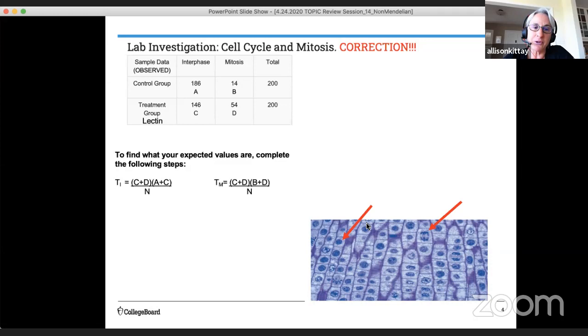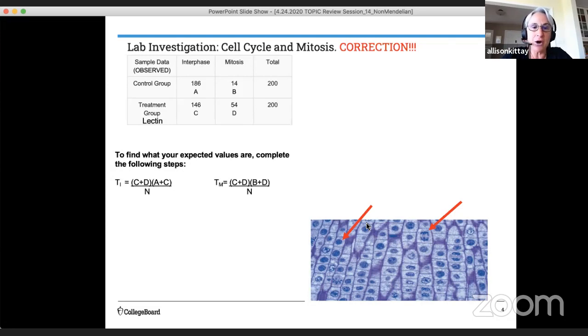So for the treatment group in interphase, you're going to take C plus D, and then you're going to multiply that to A plus C. And then you're going to divide that by the total number of cells, which would be A plus B plus C plus D. And then for the mitosis treatment group, use cells C plus D and multiply that to B plus D, and again, divided by the total number of cells.